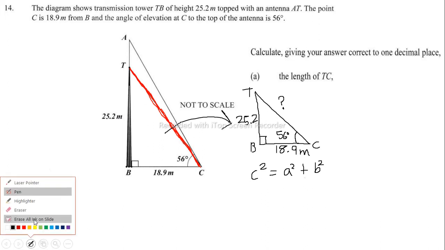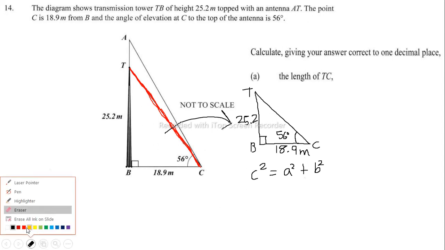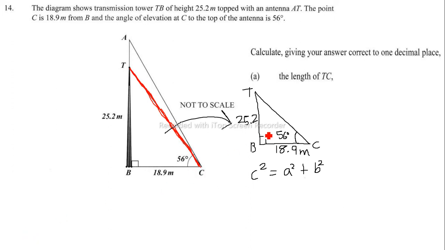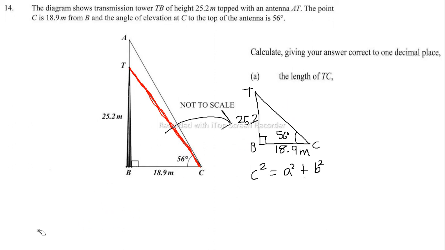So what is the longest side? The hypotenuse. TC is the longest side. So c is that side TC.